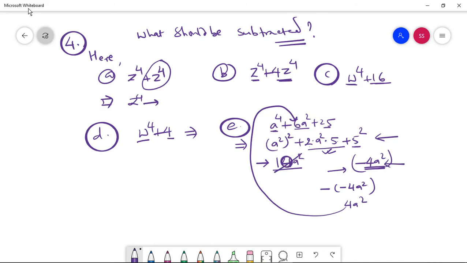Now F number, final number, b4 plus 2b square plus 9. In this case, (b square plus 3) whole square has 2 times b square times 3, which is 6b square, but we have 2b square only. Then what can we do?